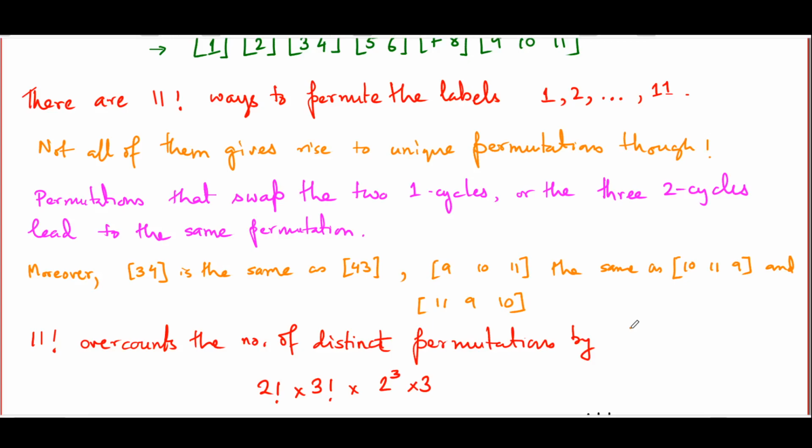This actually overcounts the number of distinct permutations by this factor, 2 factorial, which would be the number of ways you can swap the 2 1-cycles around, times 3 factorial, which is the number of distinct ways you can swap the 3 2-cycles around.